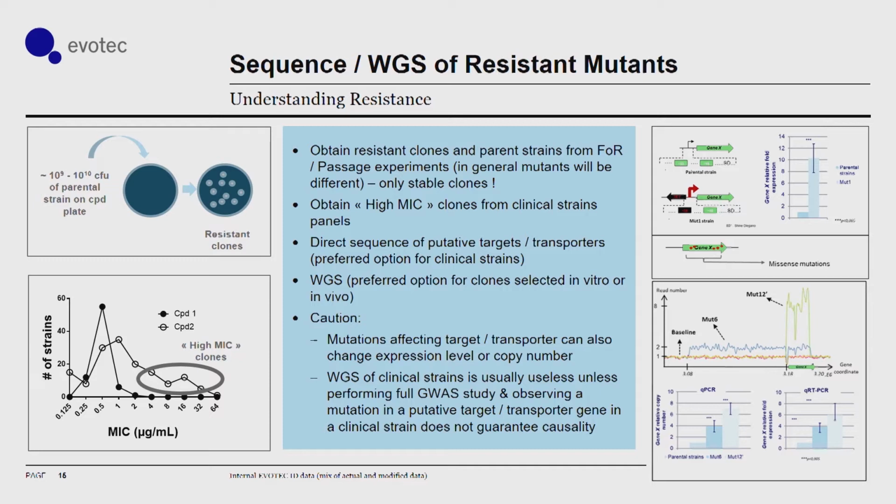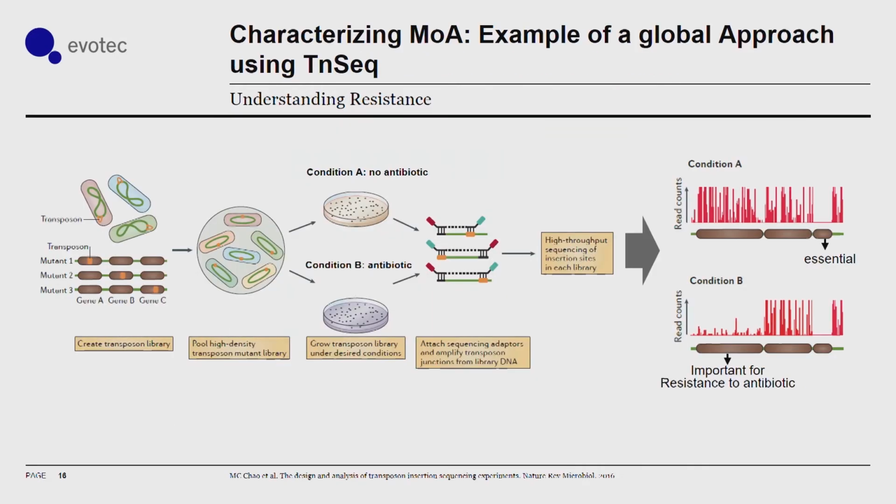So meaning sequencing 50 sensitive strains and 150 resistant strains and trying to understand what will bring you shifts in MICs. And this is really complicated. If you don't have a fair understanding at that point, I think you're in trouble.